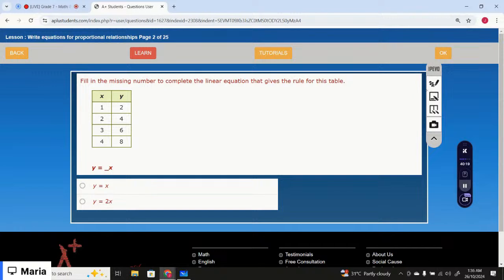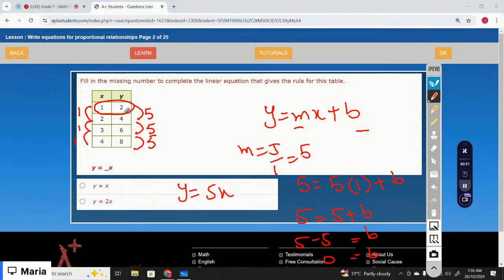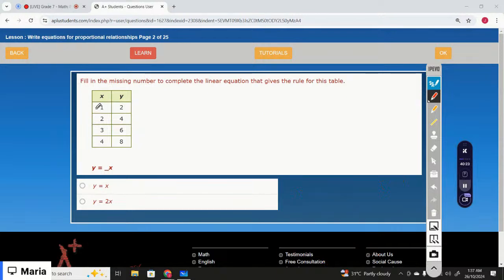The correct option is, let's just calculate the slope, right? 1 plus 1 is 2, 2 plus 1 is 3, and 3 plus 1 is 4.